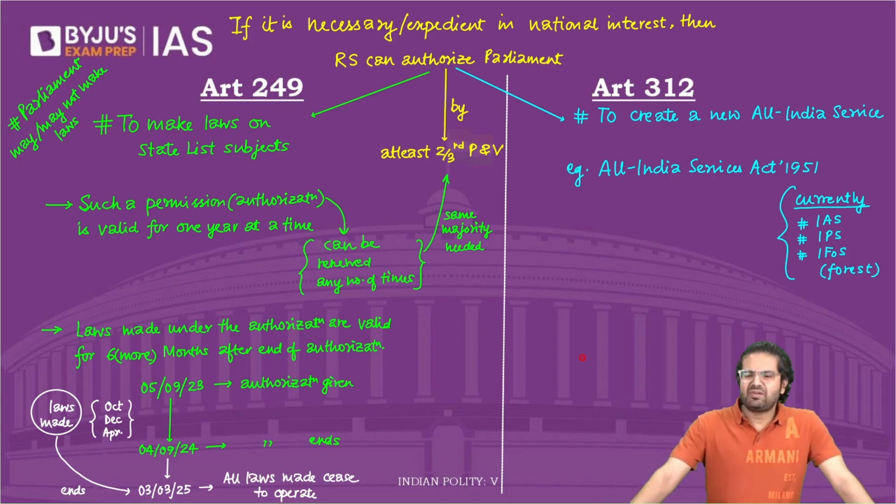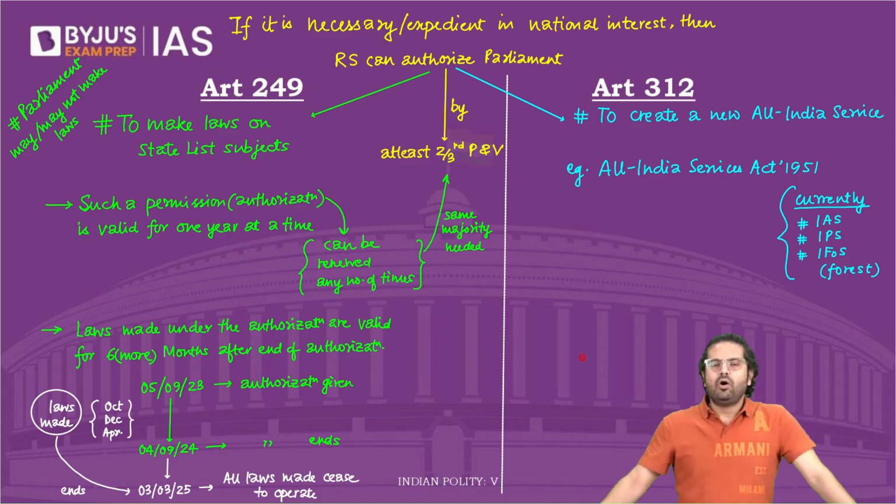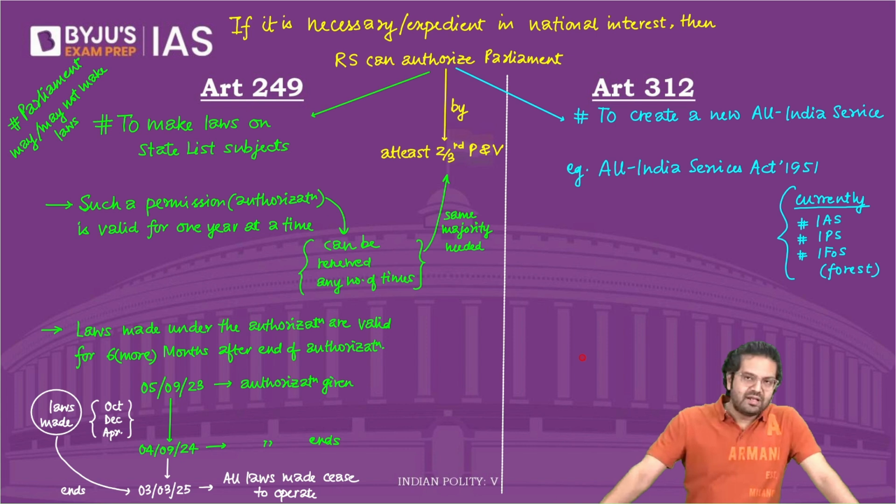But the real question now, beyond all this, is why are we giving this power to Rajya Sabha? Tell me, why to Rajya Sabha? Why not Lok Sabha? Why do we have this power with the Rajya Sabha only? Okay, some of you are mentioning the correct answer.